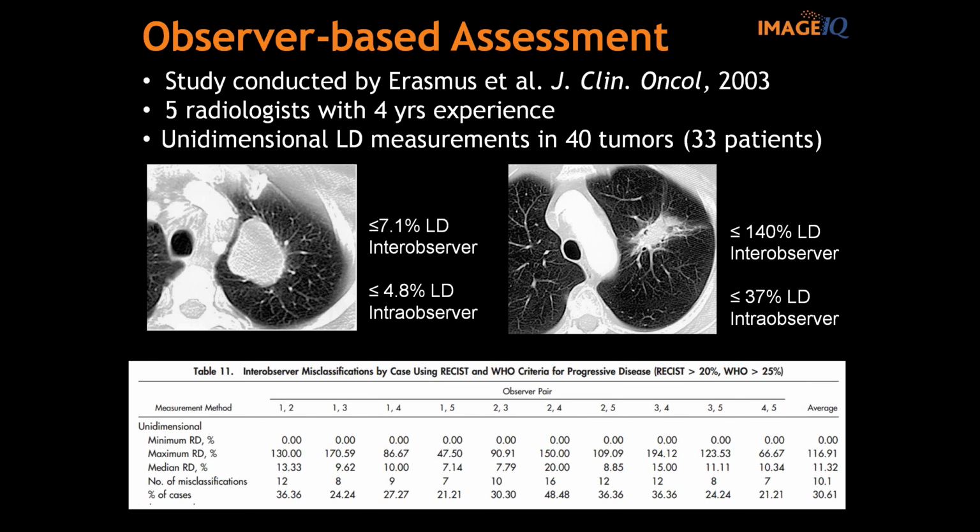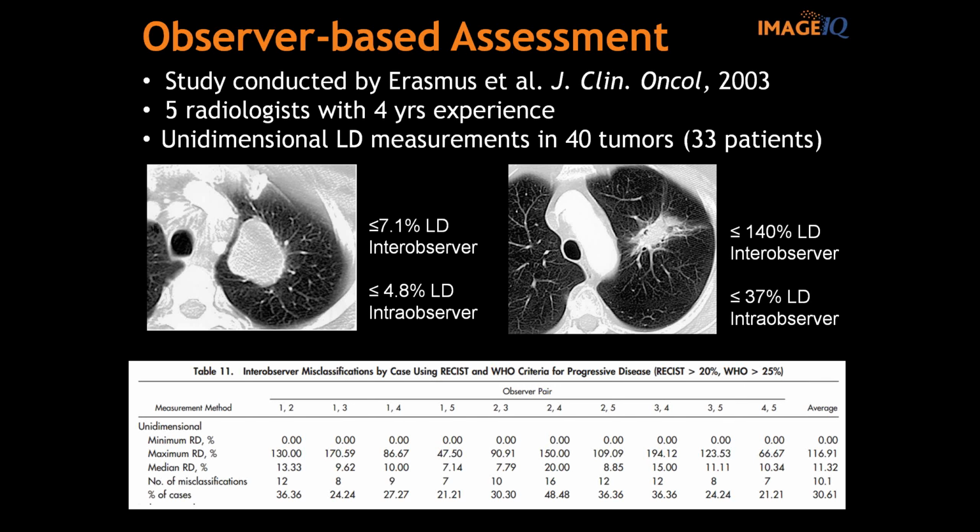They had 40 tumors of all different types. Some were more spherical and lobular, and there were ones with very undefined, irregular margins, across about 33 patients. Of the 2 images shown here, the one on the left is a lobular tumor with really clean boundaries, and the percent variability for the longest dimension measurement was about 7%.